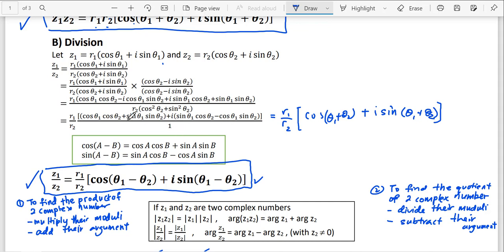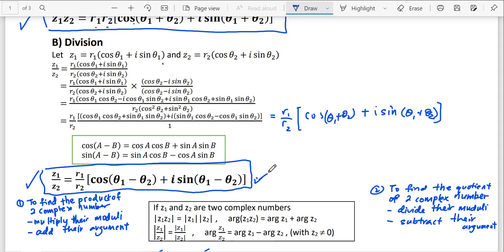But when you simplify until this step, you find that this trigonometric expression can be expressed as cos(A minus B). So cos theta 1 cos theta 2 plus sin theta 1 sin theta 2 can be changed to cos(theta 1 minus theta 2). Okay, so this can change to this, and this can change to this.